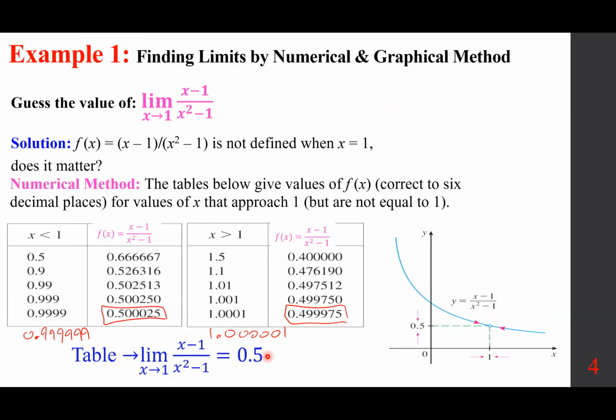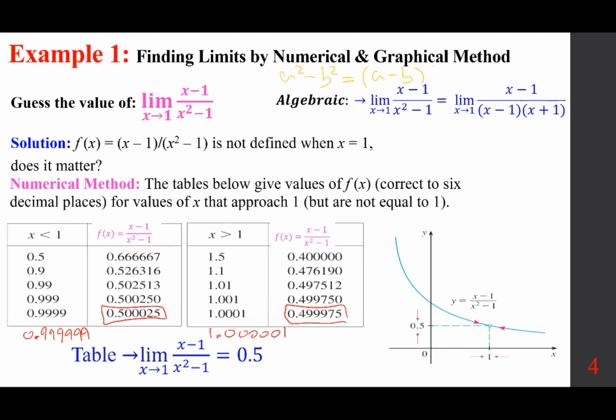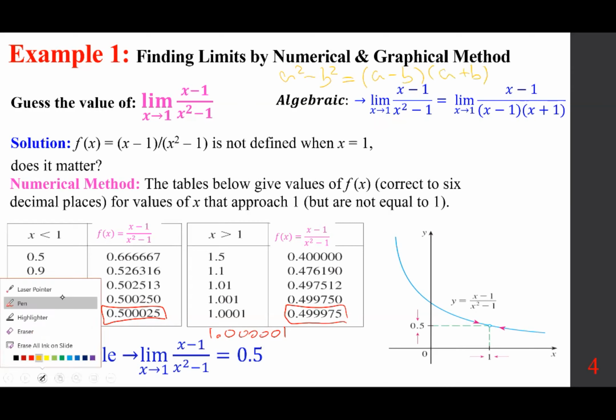However, the solid way to prove that is the algebraic method, or analytic method, by which case we use our algebraic technique. Notice if we plug in, we get 0 over 0. And the technique is factoring. As you see, the bottom is a squared minus b squared, and it factors into a minus b, a plus b.